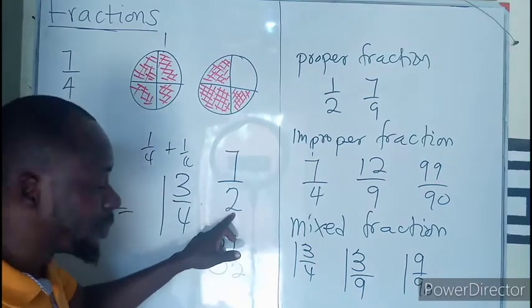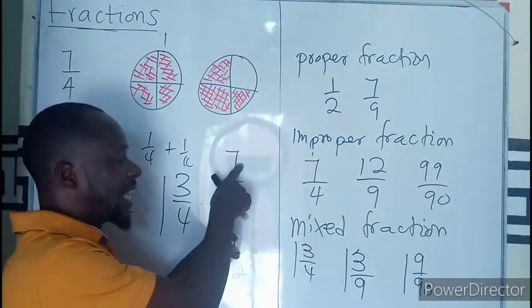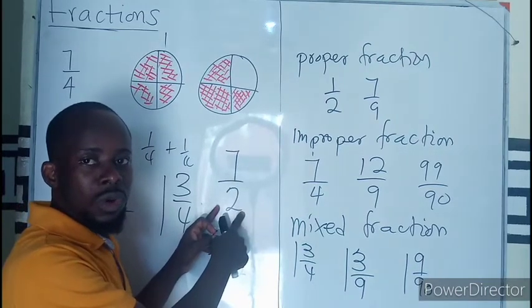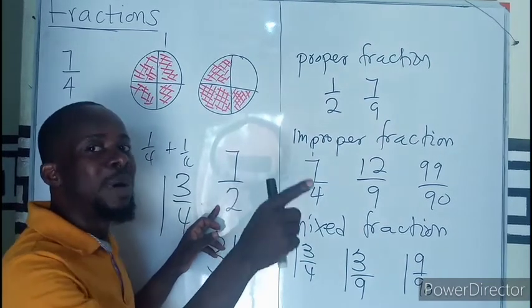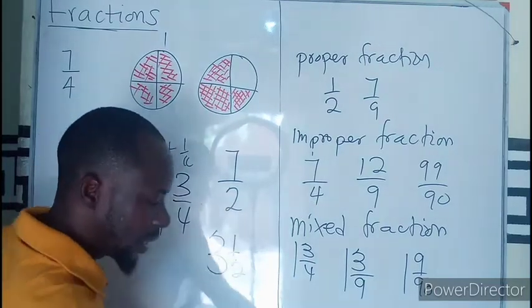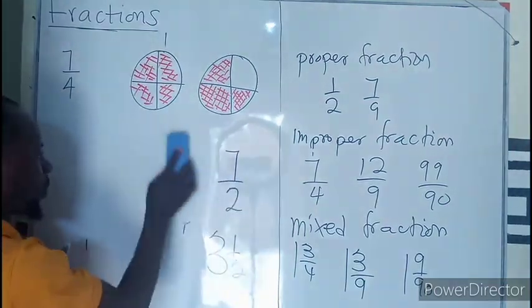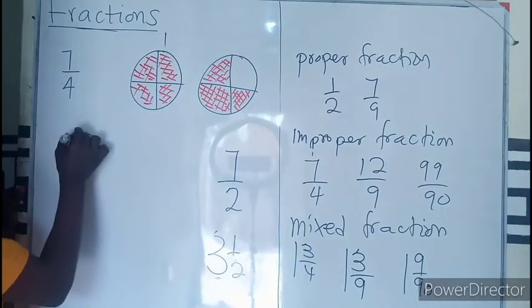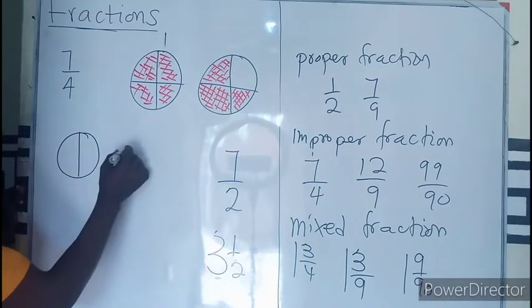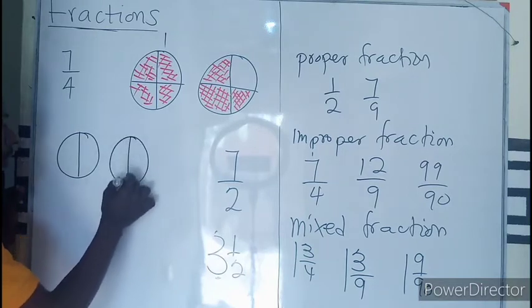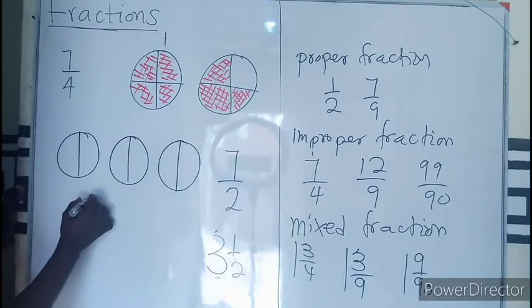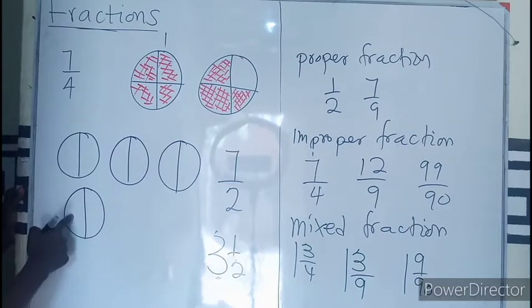So this fraction simply means that we are taking 7 parts when we divide each part into 2, that is 1/2 of every part. So I will take an object, divide it into 2. 1, 2, 3, 4, 5, 6. I have my 7.